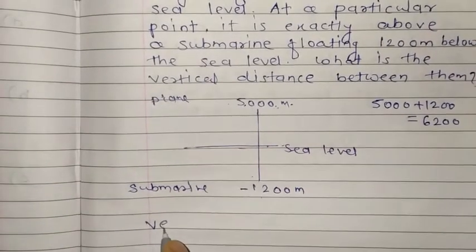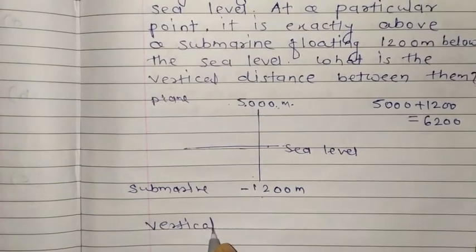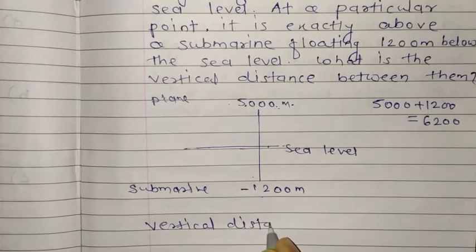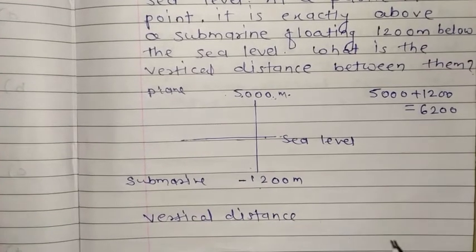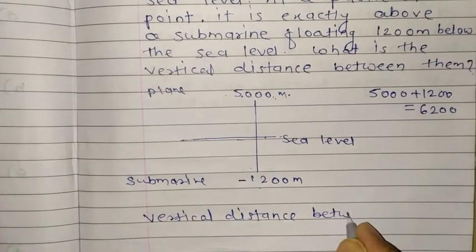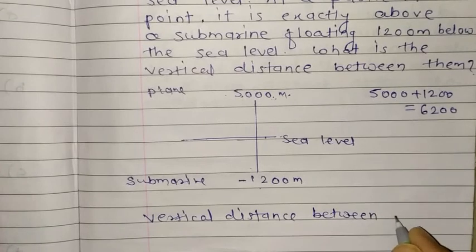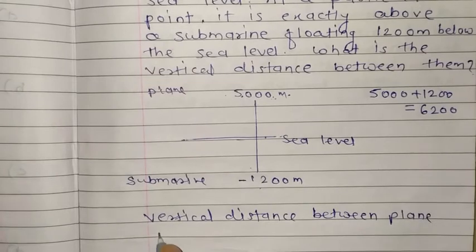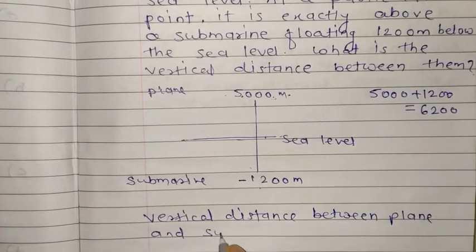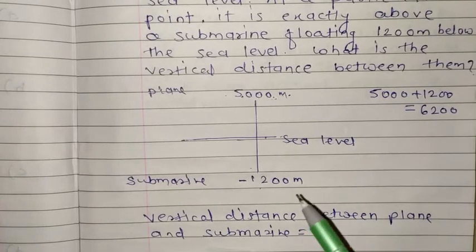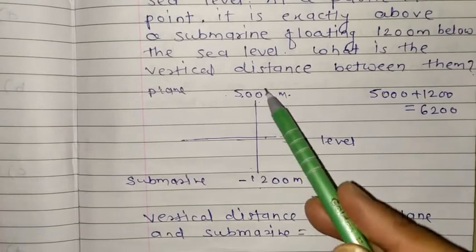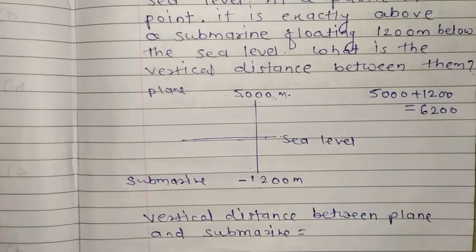So vertical distance between them means between plane and submarine equals to. So we have to calculate, means what is the exact difference is there.